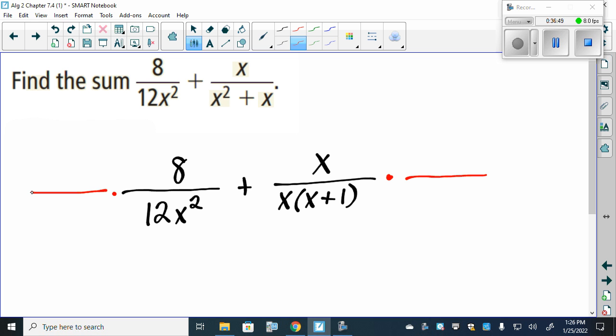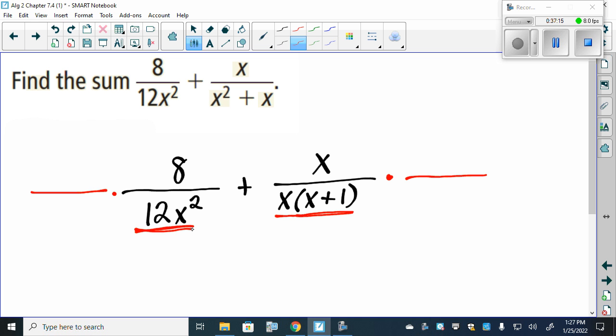Now on the one on the left, we do have 12x squared. On the right, we have x times x plus 1. So what do we need to multiply the one on the right by? x plus 1, because this one over here is missing an x plus 1, yes?